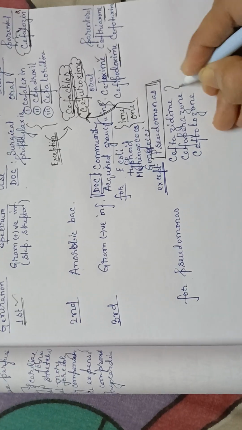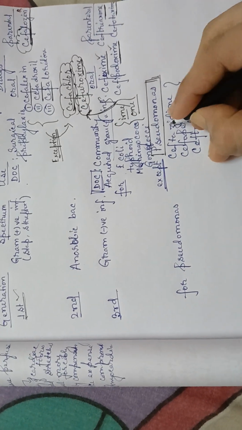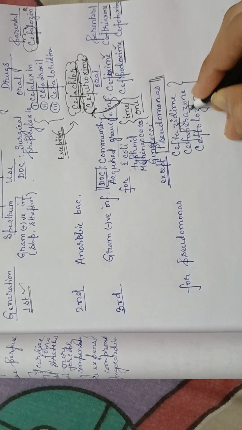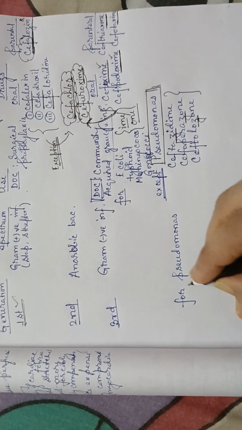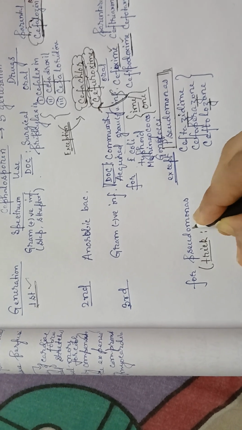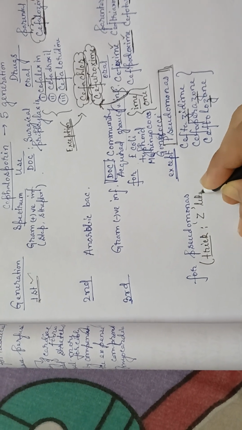We have to remember all three of these drugs because it is very important. And how can we remember? What is the trick? The letter Z is included in the name of the drug, so the trick is the Z letter in the name.